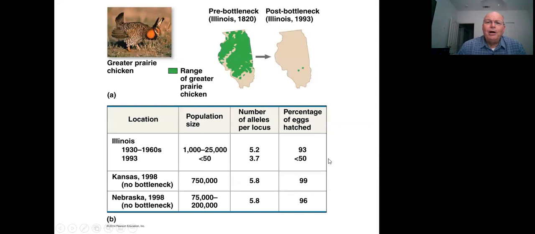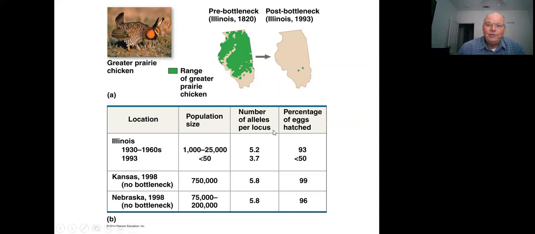Here is an example of bottlenecking that has occurred in North America, and it's affected the prairie chicken. So in Illinois, there's been a loss of habitat, which has reduced the size of the population quite dramatically, which has led to a loss of genetic variation in the genome of the surviving populations, of which there are 2 in South Central Illinois.